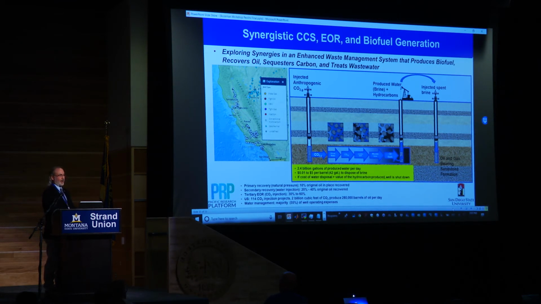This water is a major expense of an oil and gas company. The management of water is about 55% of the operating expenses of an oil and gas company. So you have to dispose of this water. This water has heavy metals in it.